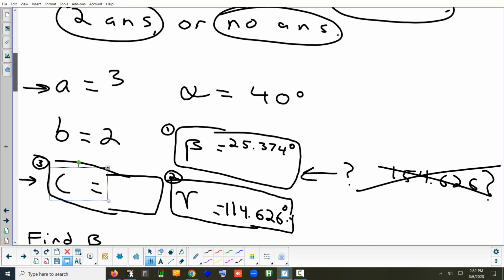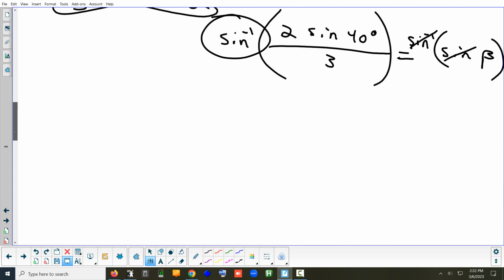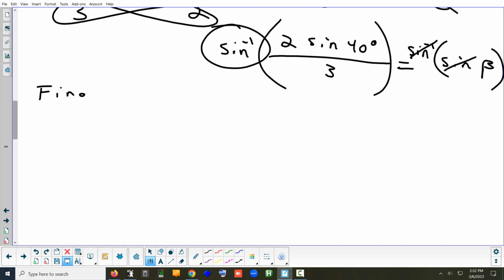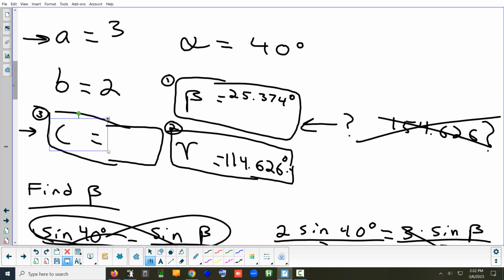And this is just going to be exactly like the first 2. Okay, so let's find C. Okay, first thing, identify a row that has everything in it.